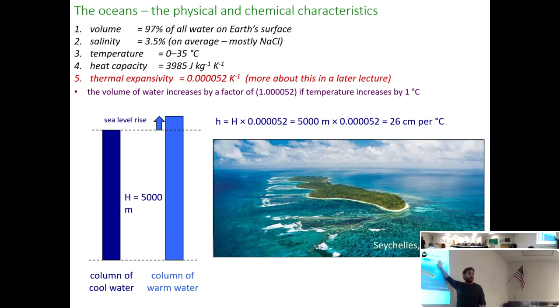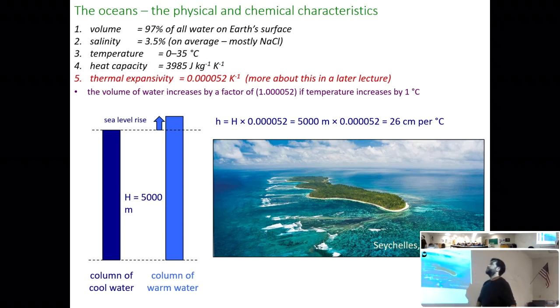When the water gets hotter, like a lot of materials, it expands. So that's another thing that, you could imagine, if your 5,000 meter column of water expanded a little bit, it would cause the sea level to rise. If you were to raise the temperature of the whole water column 1 degree Celsius, I know that doesn't sound like much, it's kind of a lot.